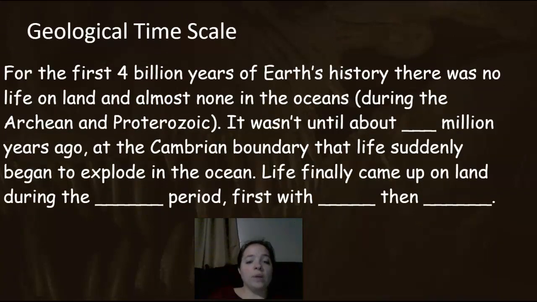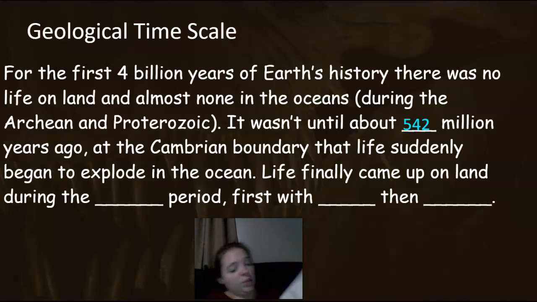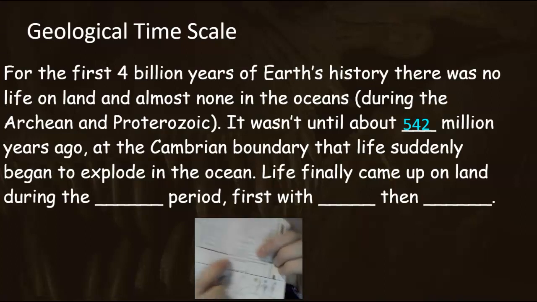For the first 4 billion years of Earth's history, there was no life on land, none, and almost none in the ocean during the Archean and Proterozoic. It wasn't until about 540 million years ago at the Cambrian boundary that life suddenly began to explode in the oceans. You can see that right there.